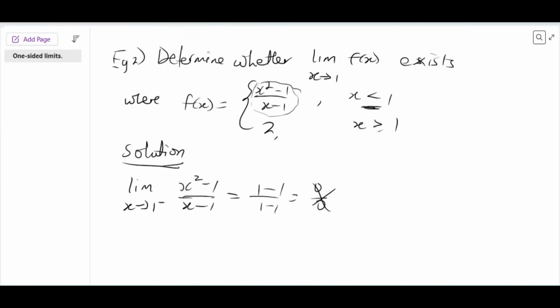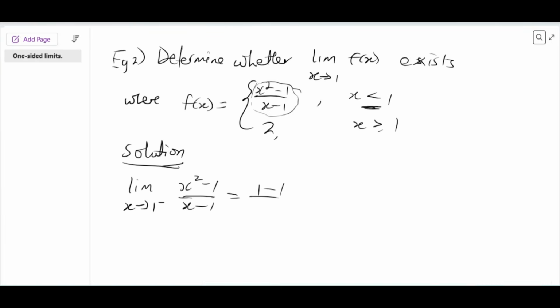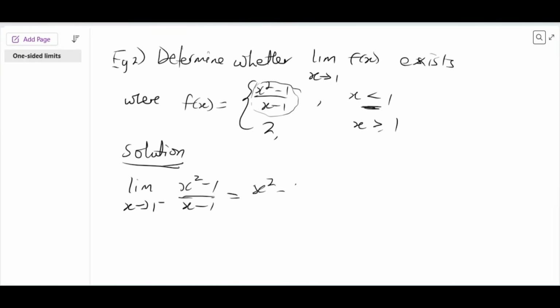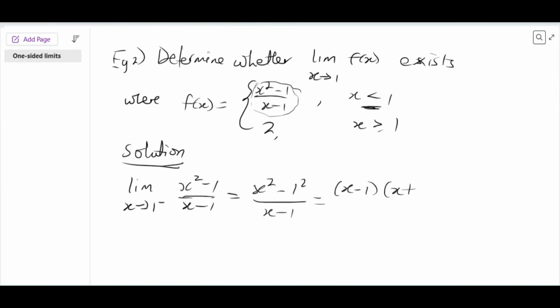That means something must be done to the function, right? So let's see what we can do. The numerator is a difference of two squares. We can write it as x squared minus 1 squared over x minus 1. And that is a difference of two squares. So x minus 1 times x plus 1, all over x minus 1.